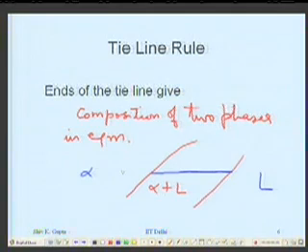I'm just saying that, okay. So this gives me the composition of the alpha phase, this gives me the composition of the liquid phase. Is it clear? Right. So when you look at the actual diagram, this is just a hypothetical thing which I showed you.